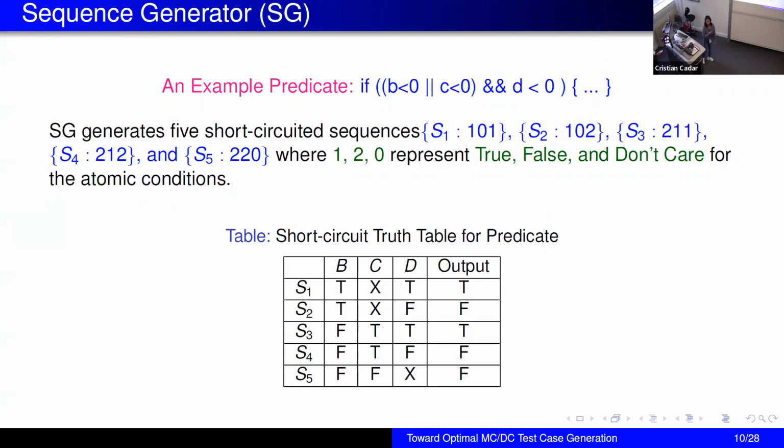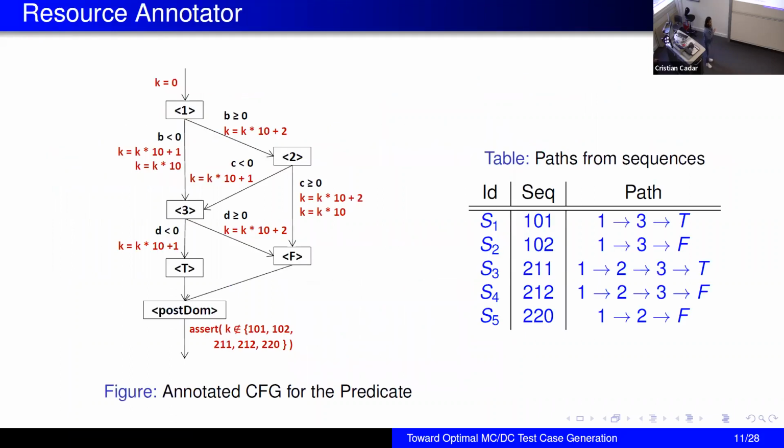We are using these integer values because during the annotation, we have added arithmetic formulas in the basic blocks to generate those sequences using the ghost variable, kappa.